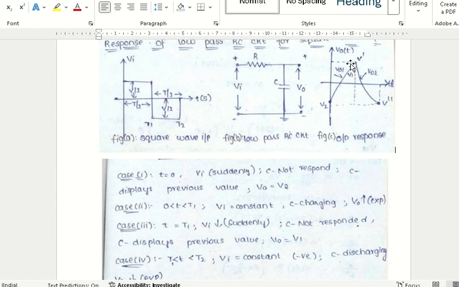During the charging period, the initial value of the capacitor is V2, the final value is V1, and between these two values the capacitor increases exponentially. It is represented with V01.